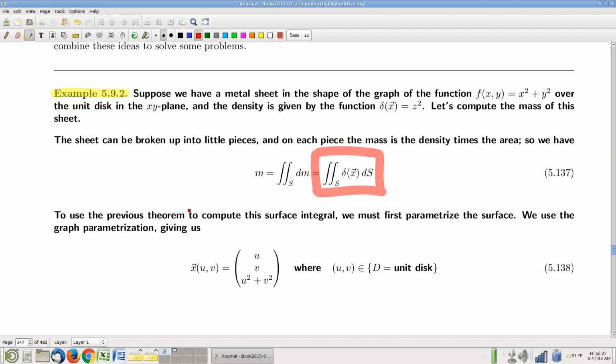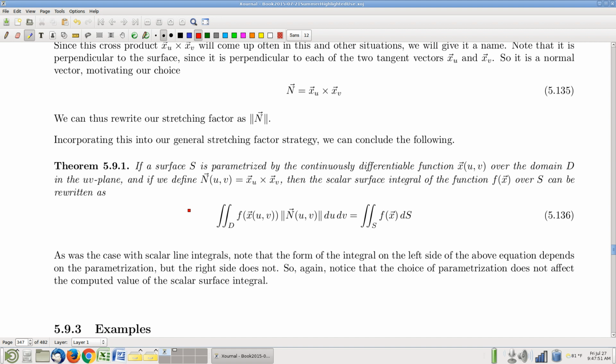This is a strategy for representing something. This is a Riemann sum. How do you compute it? Well, you use this formula up here. Now notice that everything in the formula is based on the parameterization. You can see it right here. For x, y, z, you're going to plug in the parameterization.